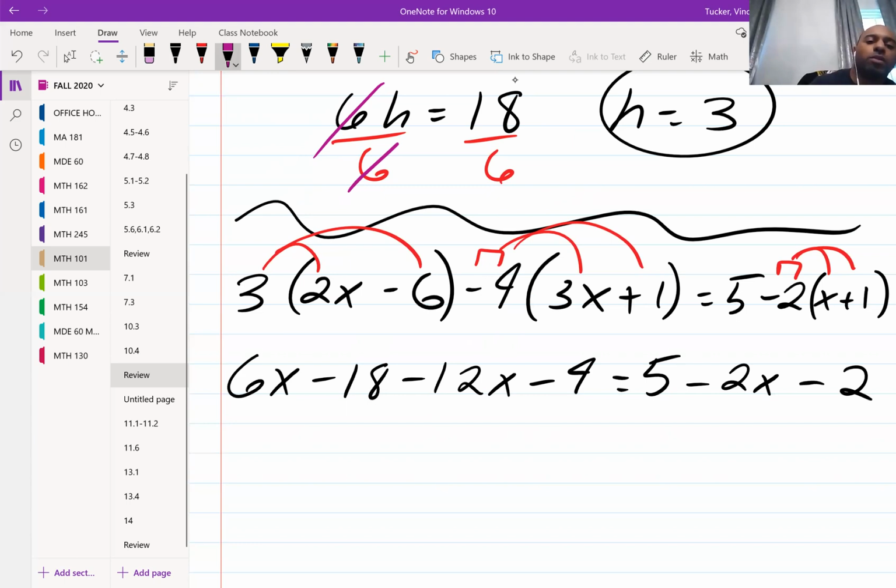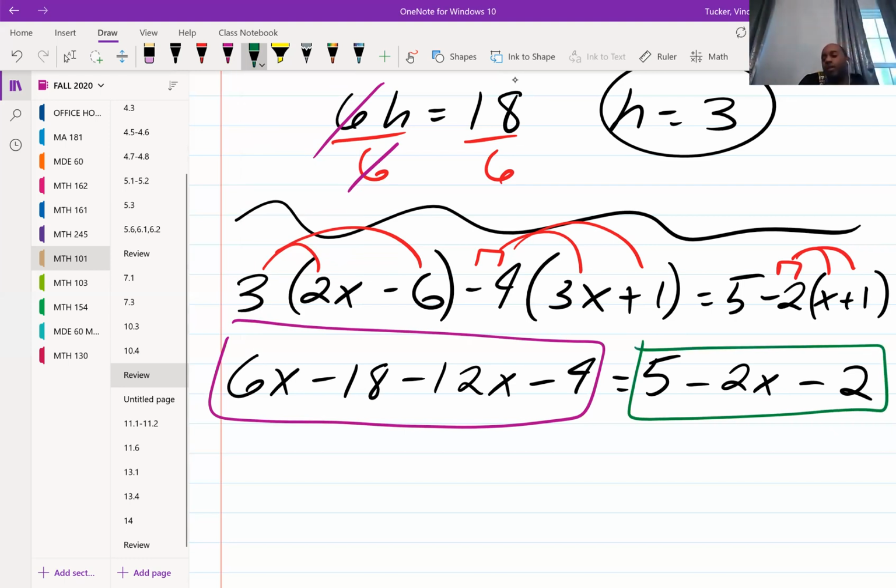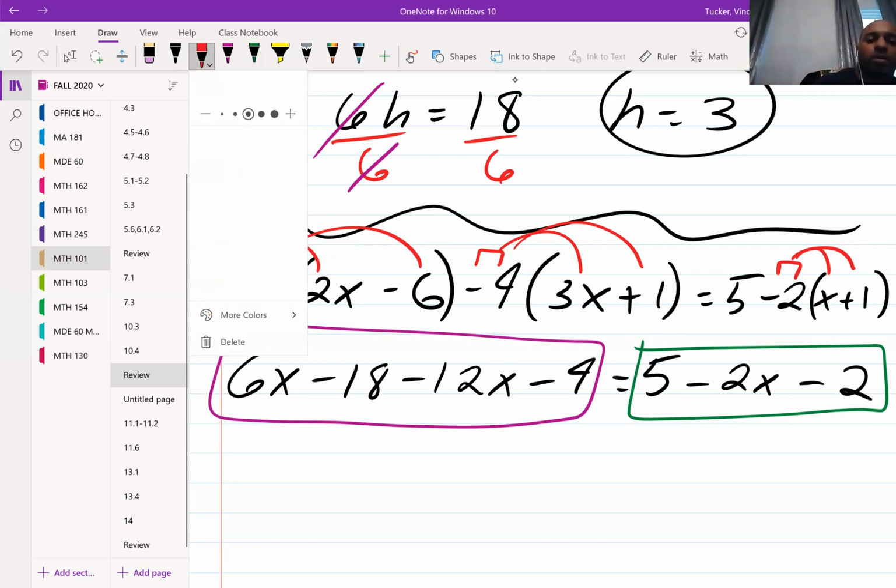All right, so simplify as much as you can on the left side of the equation, and simplify as much as you can on this right side before you look to move things across your equal sign. So we're looking at 6x and negative 12x.